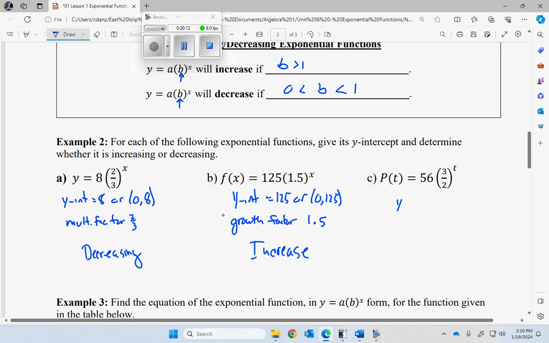And in C, the y-intercept is 56 and is 3 halves, 3 over 2. Is that increasing or decreasing? It is increasing, right? 3 over 2, if I changed it to like a decimal or a mixed number, it's 1.5. So it's actually growing. Therefore, we say it's increasing.